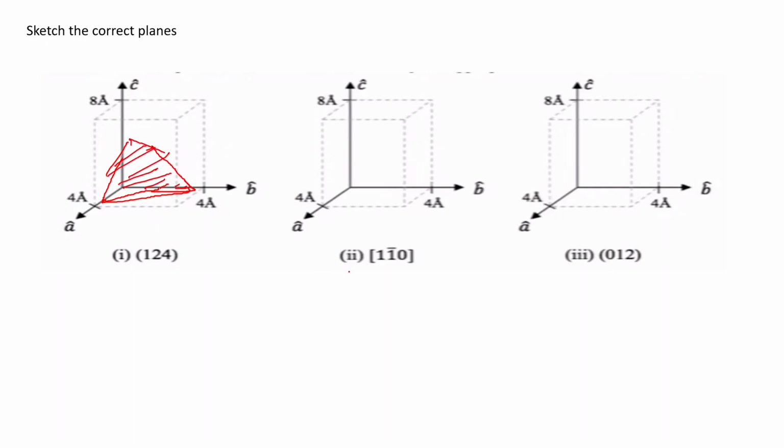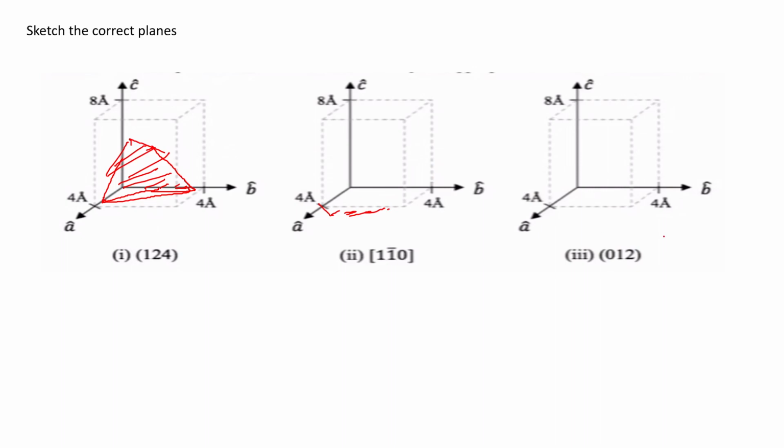Okay, next one is 1 bar 0. So how much will it be? It will touch here, 1 bar on the negative axis, and 0 means it will be in the below plane.